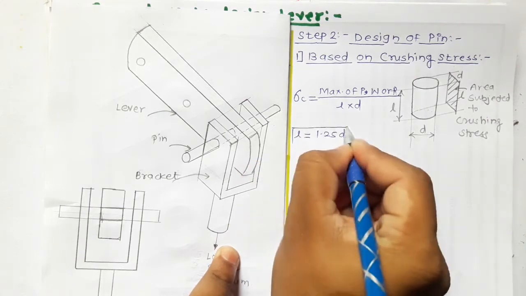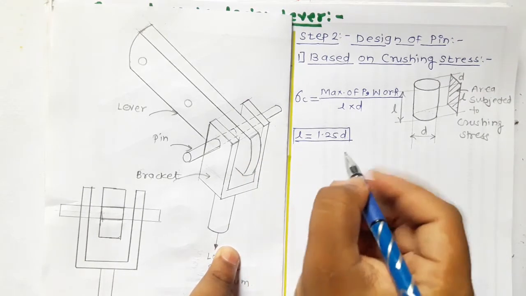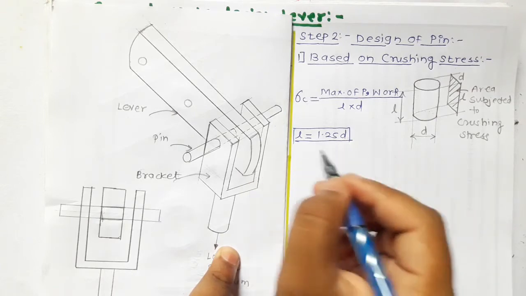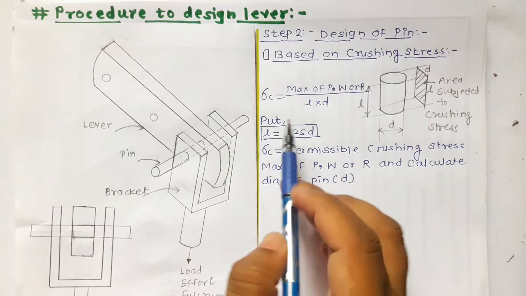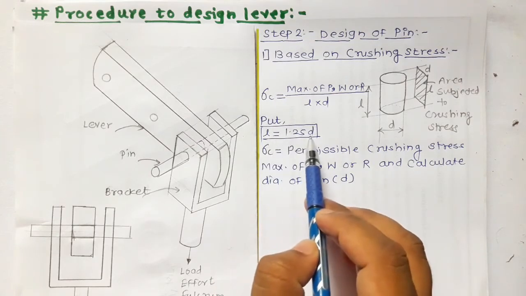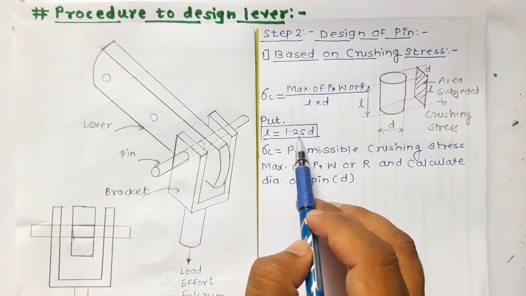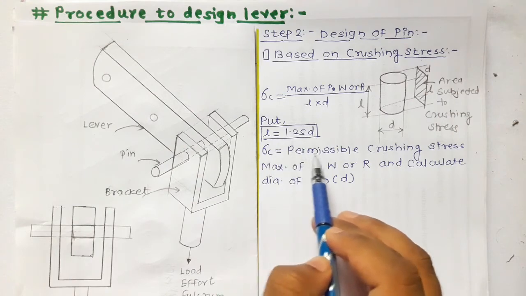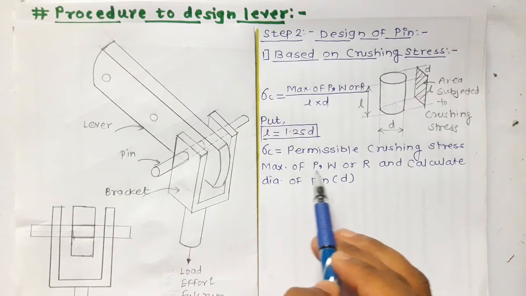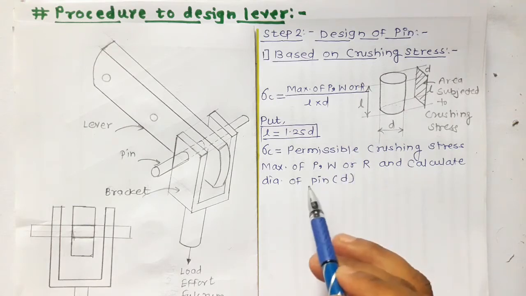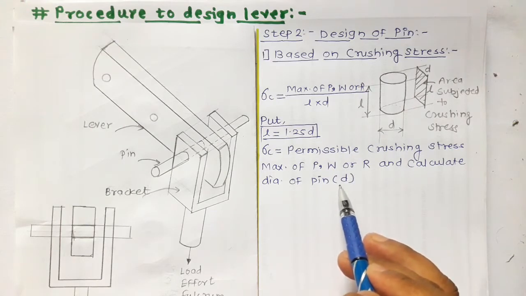By putting this relation in the above equation, with sigma c as the permissible crushing stress given in the problem and the maximum of P, W or R, we can calculate the diameter of the pin, small d.